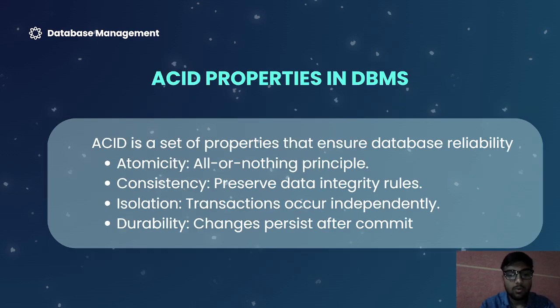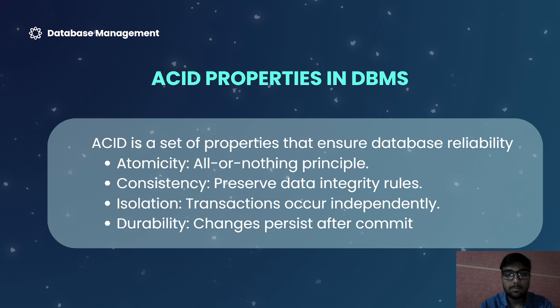So what are ACID properties? They ensure database reliability. Understood? A stands for atomicity, C for consistency, I for isolation, D for durability. Atomicity means the all or nothing principle.